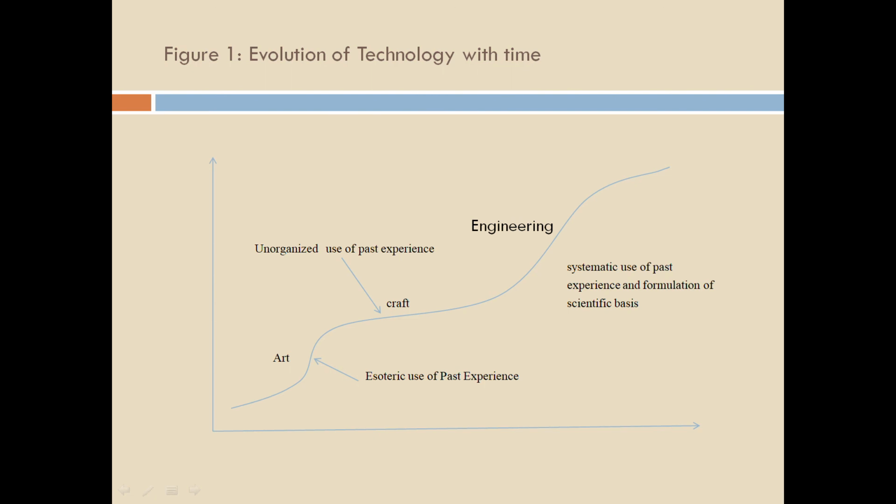But for the engineering process, there is systematic use of past experiences and formulation of a scientific basis. They make use of past experiences with a scientific basis. As we said earlier, there is a theoretical basis and a scientific basis. We make use of quantitative principles for the software engineering field. So it is different from an art form and a craft form.